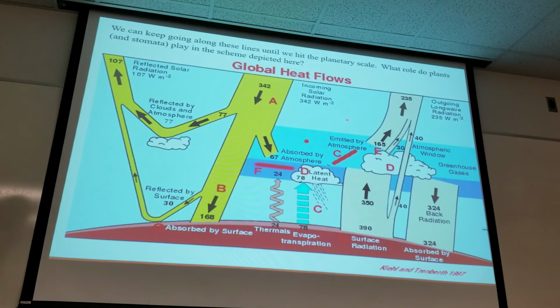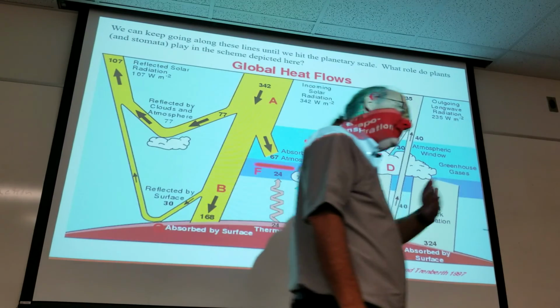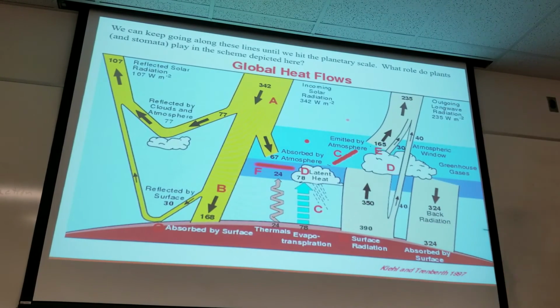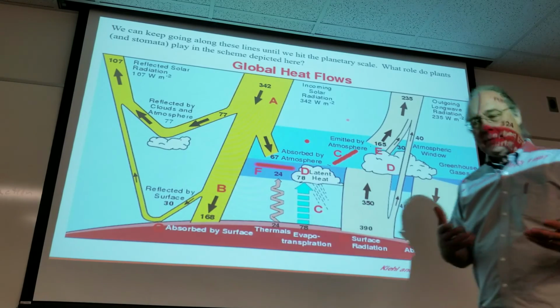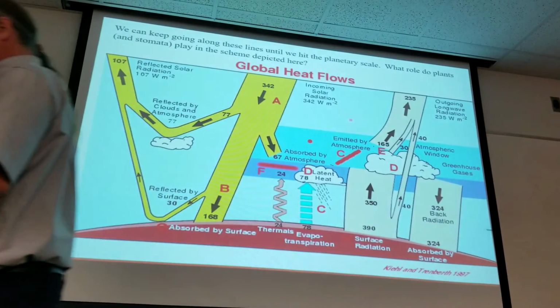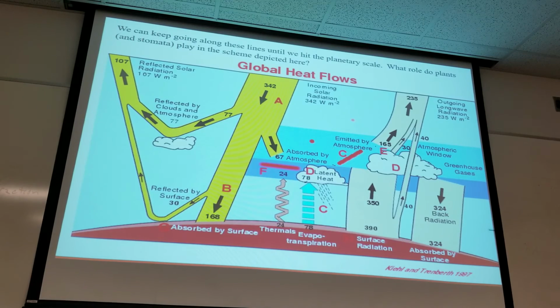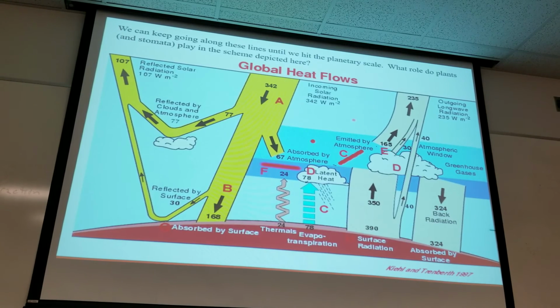Fast forward to the next in this big group of NASA projects, because one of NASA's missions is to observe the Earth, right? It's not just going to the moon or Mars or Alpha Centauri. The Earth is a thing that NASA's interested in, and so they fund a lot of research looking at the Earth.